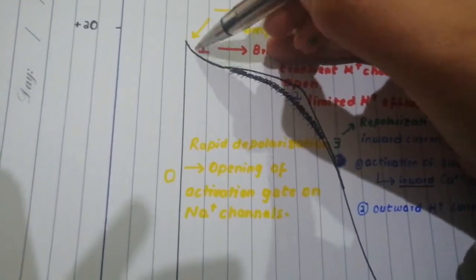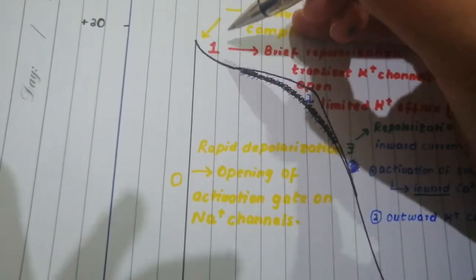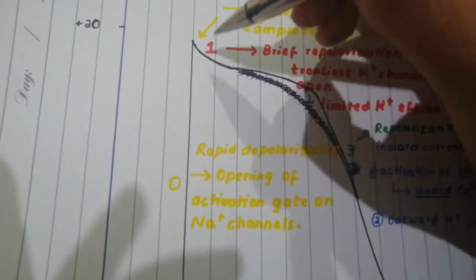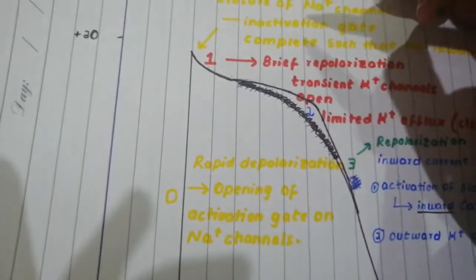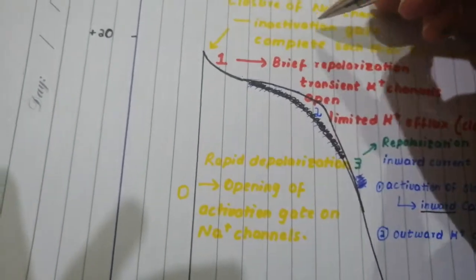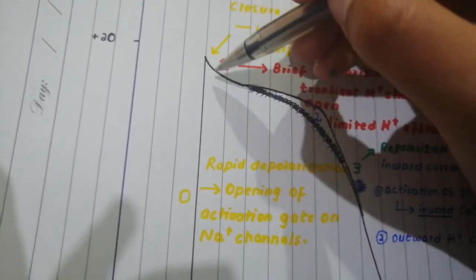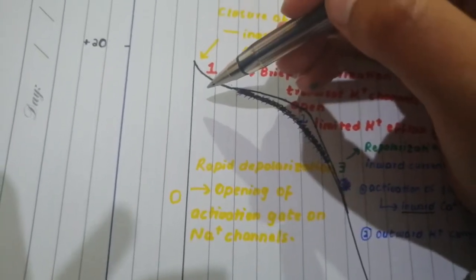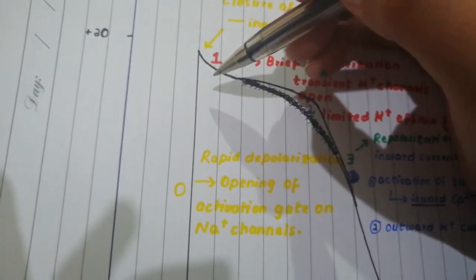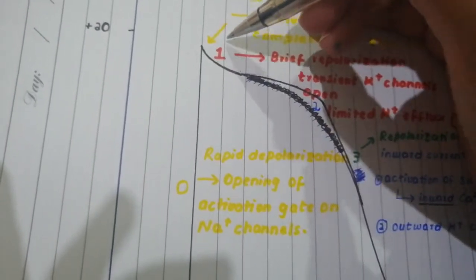So the cause of this phase is that the voltage gated Na+ channels are now closed. So there is no more inward current of Na+ into the cell, and the Na+ cations are no longer contributing positivity to the muscle fiber. In addition, we have cations that are actually leaving. So we have cessation of the inward current and initiation of an outward flow.